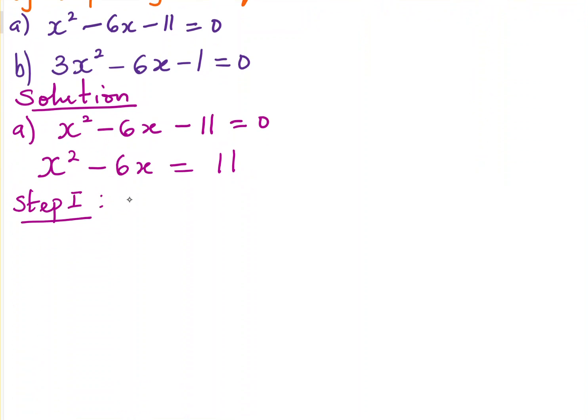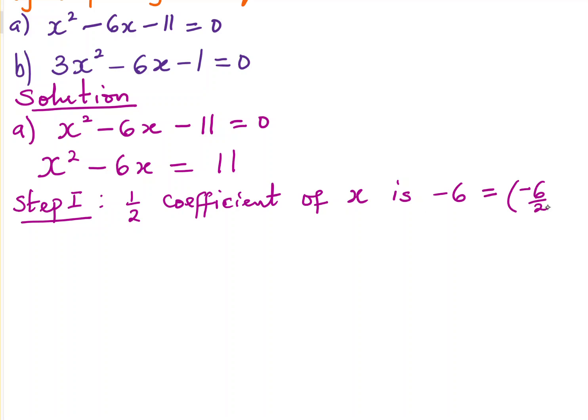So what we do is to consider the half coefficient of x. So we see that the coefficient of x is negative 6. So half coefficient of that is negative 6 divided by 2, which is negative 3.